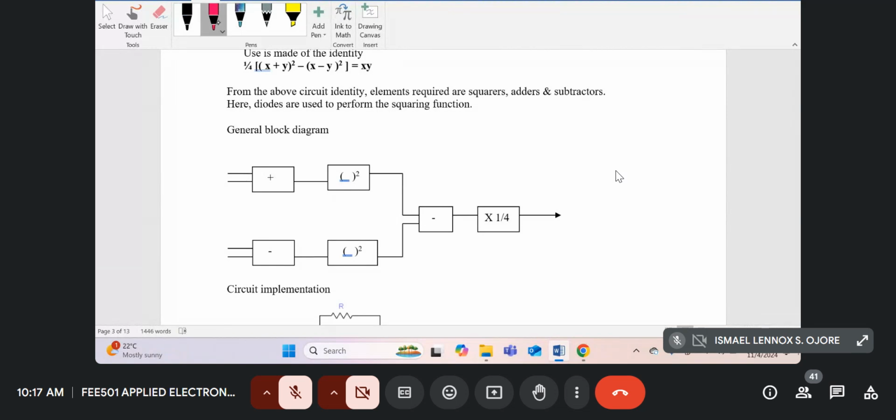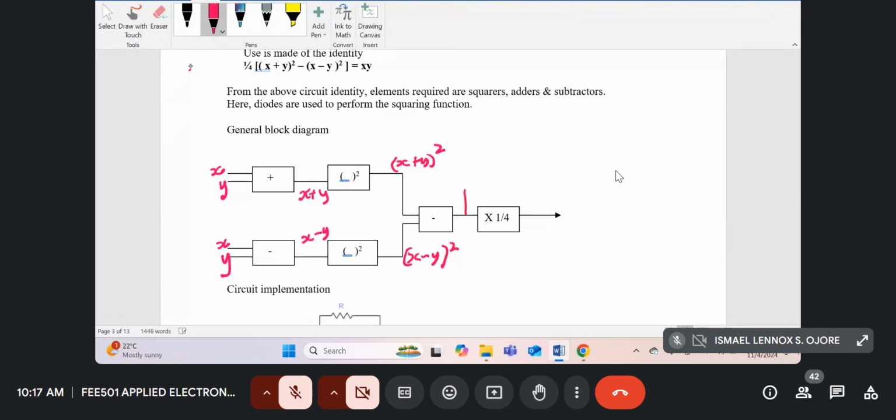So this is the circuit to be implemented. If you have maybe here x, and you got y, x, you got y, the output here will be x plus y. Here it will be x minus y. And here, use a squarer: (x plus y) all squared, (x minus y) all squared.